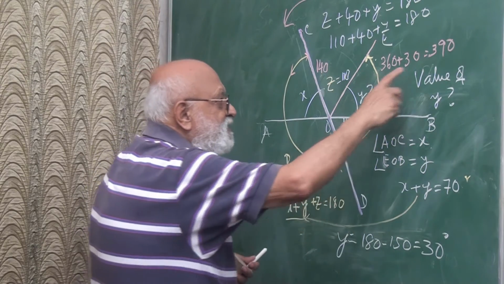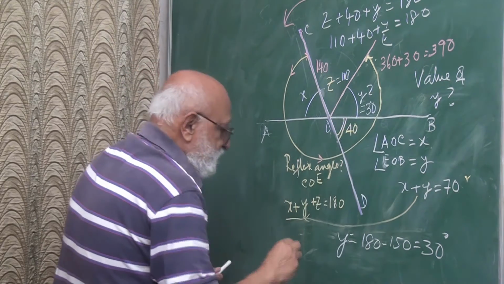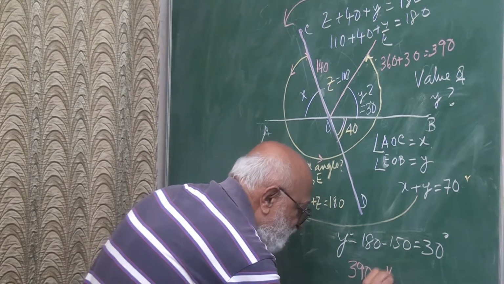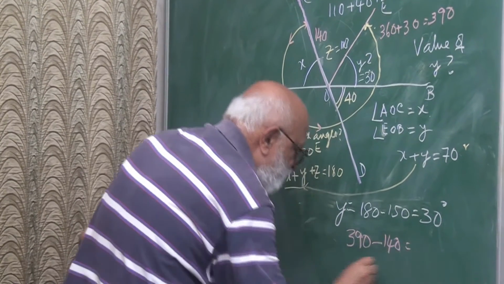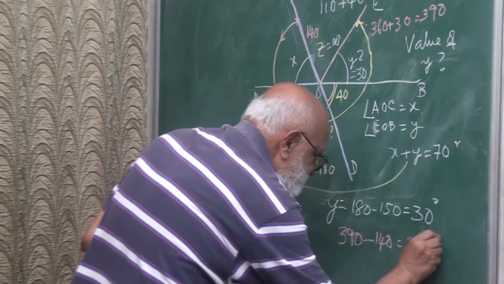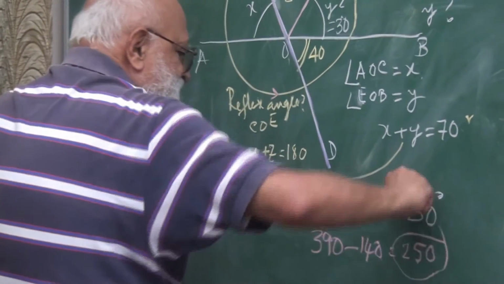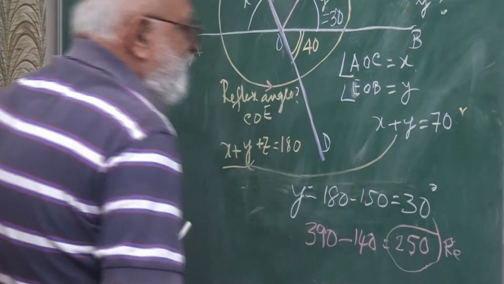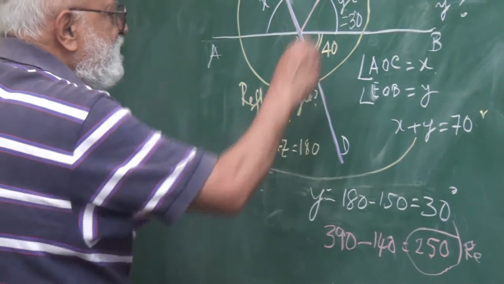So if I take 390 minus 140, that will be equal to 250. So 250 is one answer. This is the reflex angle, and 30 is the other answer.